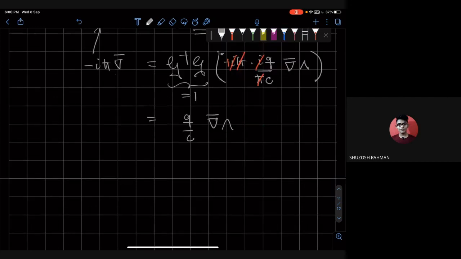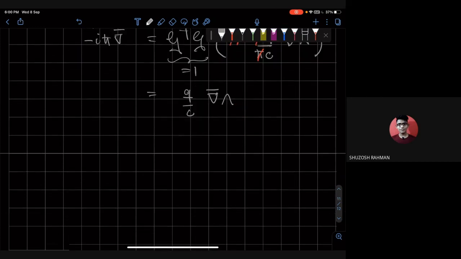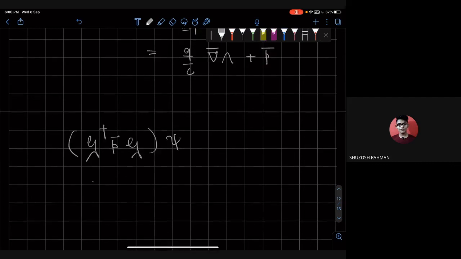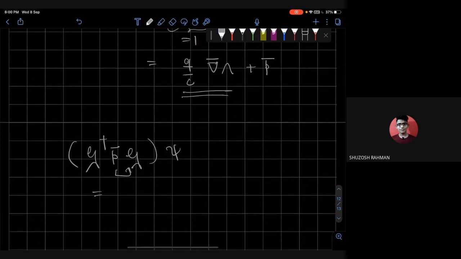Right. But you see that P is an operator. That means we have to add here P. So, let me just recapitulate. This guy is acting on some wave function psi, right? First, this is going to act on this thing, and that's going to give me Q by C gradient of lambda times psi.